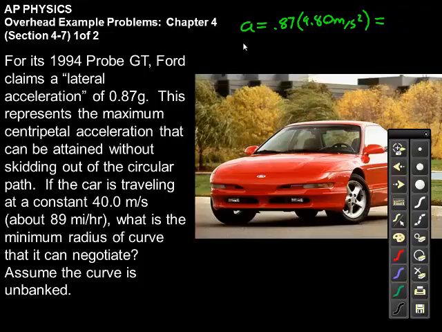The speed of the car, or instantaneous velocity at any point in its path, is 40 meters per second, which is really hauling. And they want to know R. So is this kind of a pretty straightforward problem? Yeah. So we're going to say a is v squared over r, solve for r.